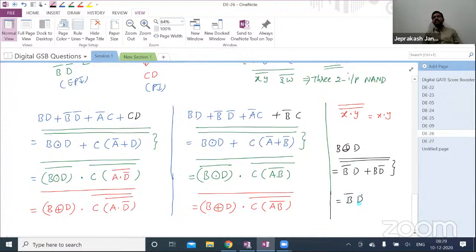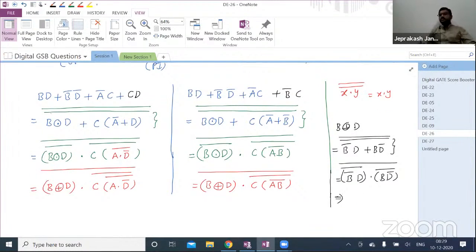Now tell me how many 2 input NAND gates we require to implement this function. In the question, they have mentioned that both the complemented and normal forms of the inputs are available. Yes, we require 3. Very good.